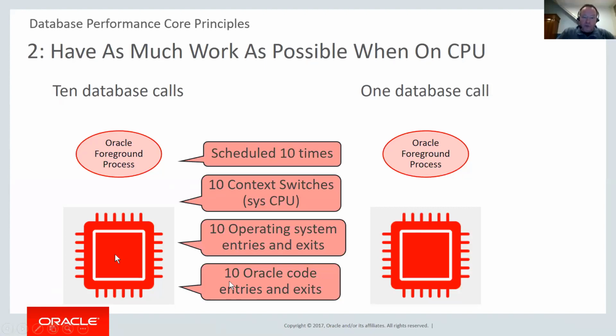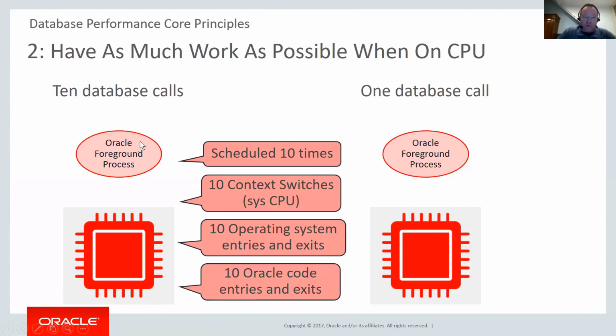But then also we are entering and exiting the Oracle code 10 times. When you get a SQL*Net message to the foreground process, it's not immediately delivered at the SQL engine or the PL/SQL engine. It has to go down and into the Oracle kernel, and it has to traverse 10, 20 software layers before you end up at the SQL or the PL/SQL engine. And that's all overhead for every call.